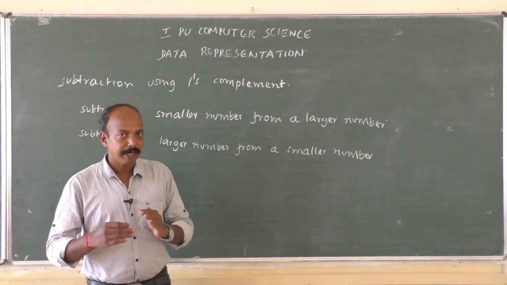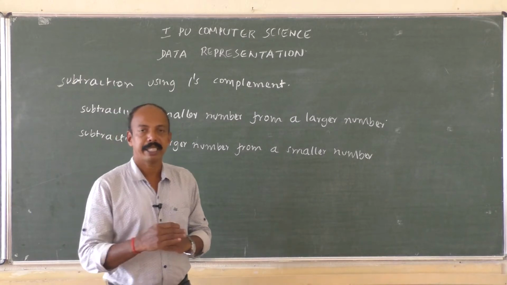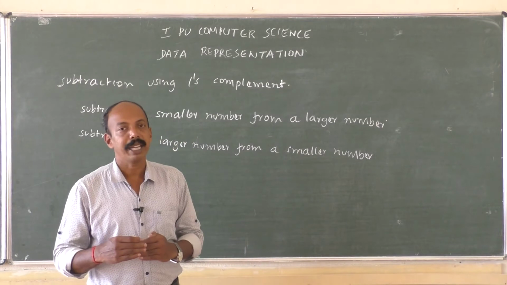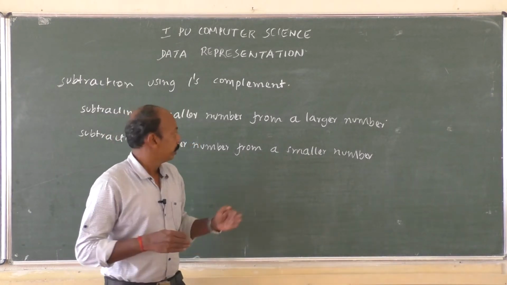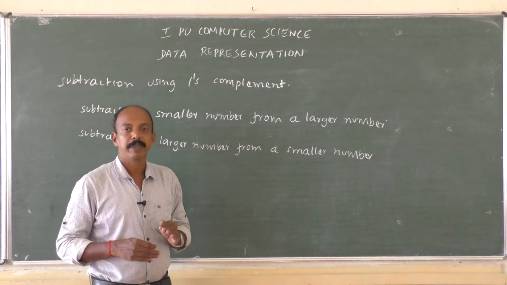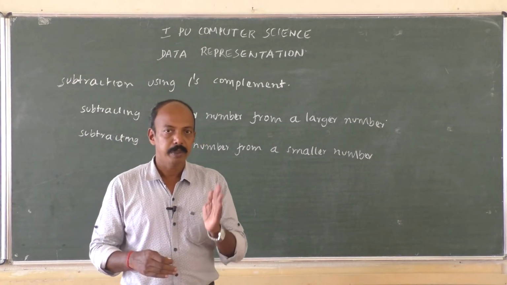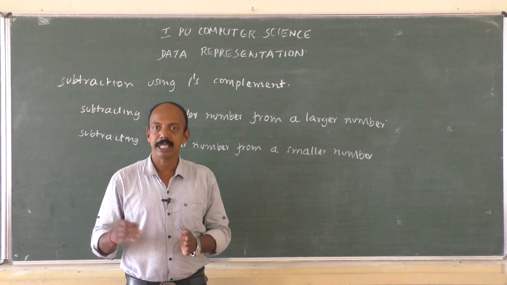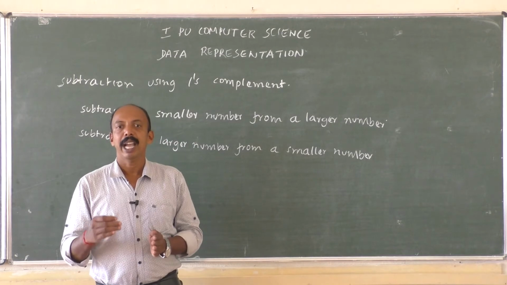Actually here we are not subtracting, we are using one's complement, which will be equivalent to subtracting itself, because in the earlier classes we have seen subtraction can also be done with the help of addition, isn't it? So convert them to binary, then we know which is subtrahend, which is minuend, take one's complement of the subtrahend, that is the number which has to be subtracted. After taking one's complement of the subtrahend, add it to the minuend.